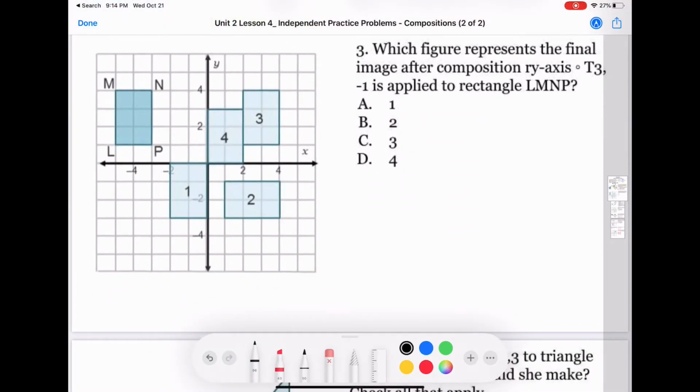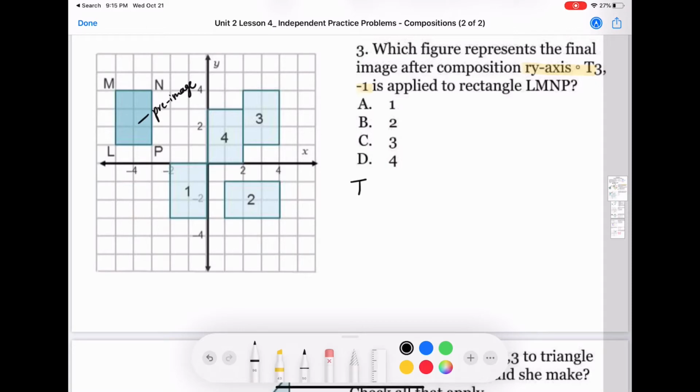This problem asks, which figure represents the final image after the following composition is applied to rectangle LMNP, which is our pre-image. So here we have our pre-image. We want to identify the figure that represents the final image, so image 2, after this composition. Well, remember we read this composition from right to left.